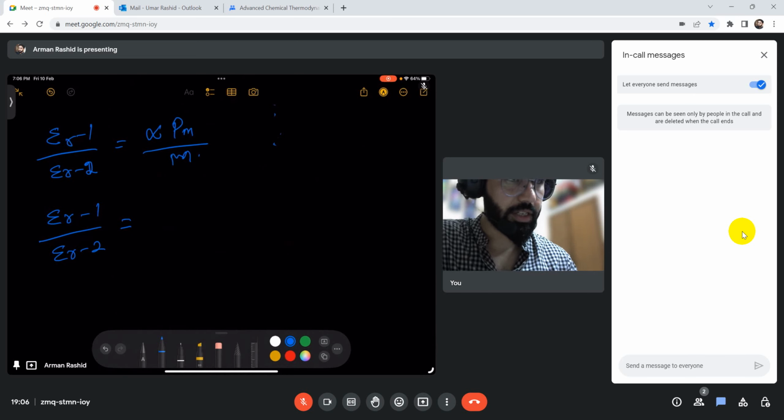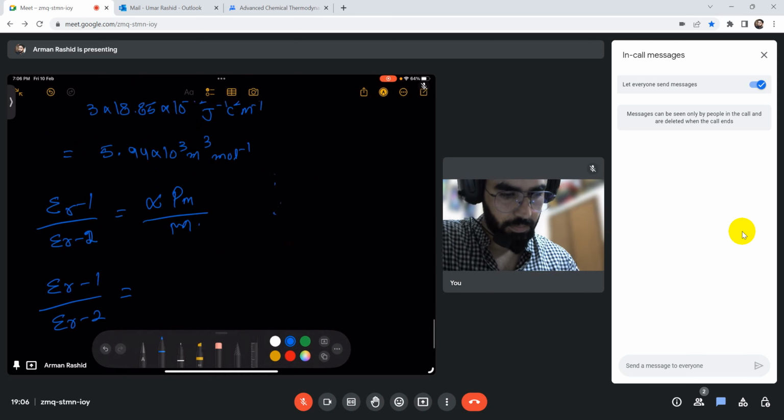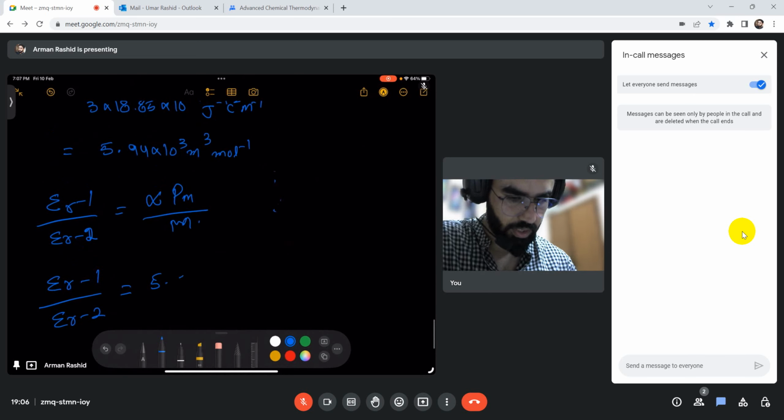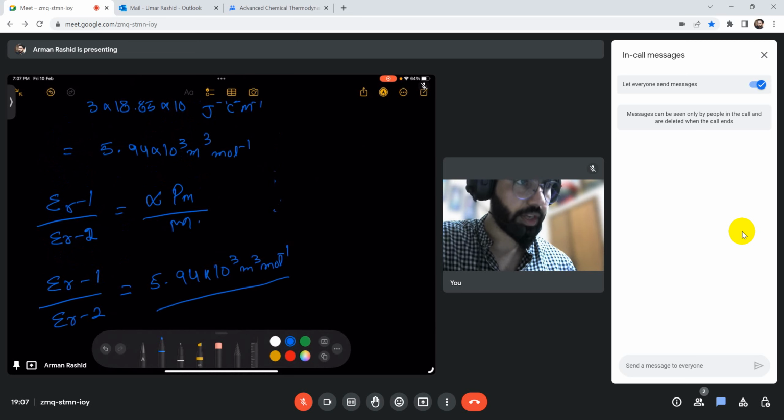Alpha we actually determined, it was 5.94 × 10^3 meter cube per mole divided by m, the molar mass.